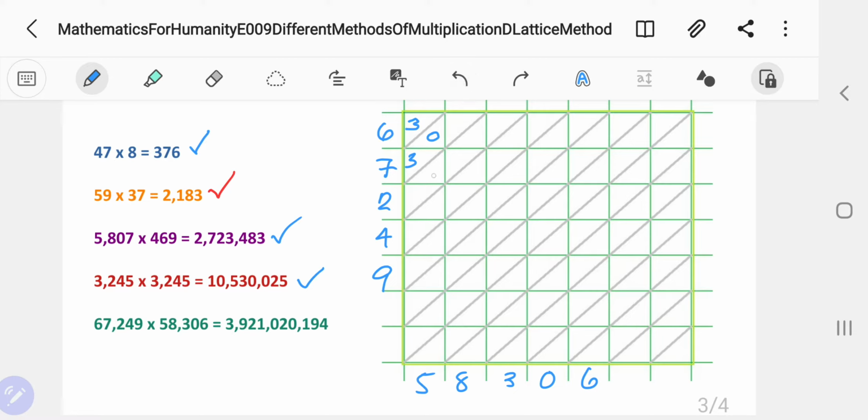Let's make it clearer. 5, 2 times 5 would be 10, and then 4 times 5 would be 20, and then 9 times 5 would be 45. Then let's multiply by 8. 6 times 8 is 48, and 7 times 8 would be 56. 2 times 8 would be 16, and then 4 times 8 would be 32. 9 times 8 would be 72.